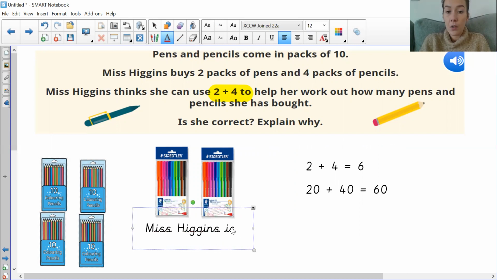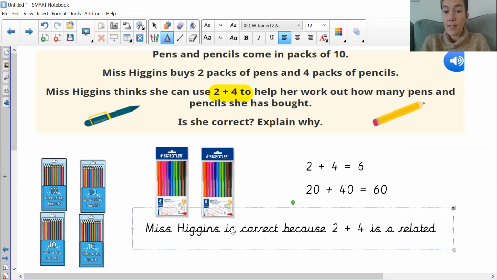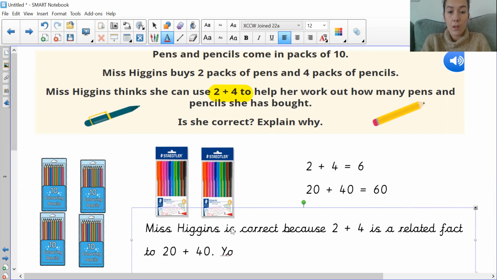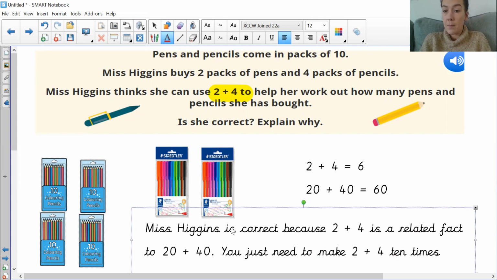Higgins is correct because 2 add 4 is a related fact to 20 add 40. You just need to make 2 add 4 10 times bigger.